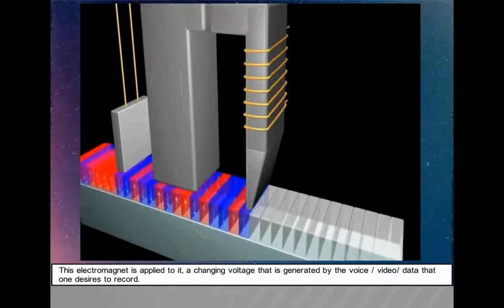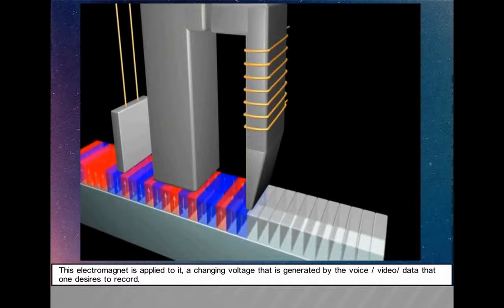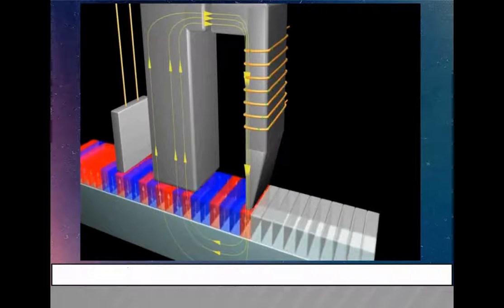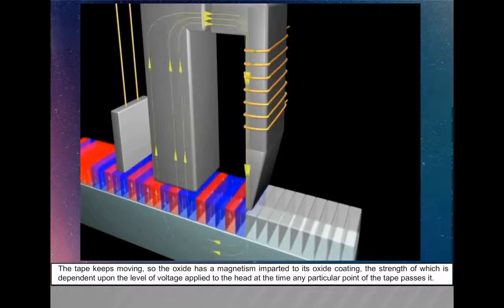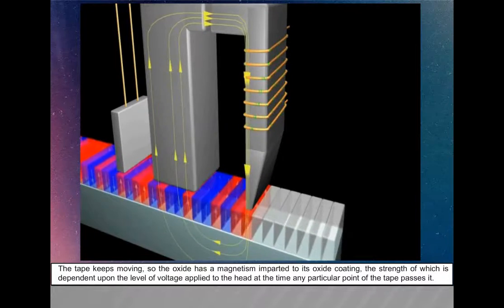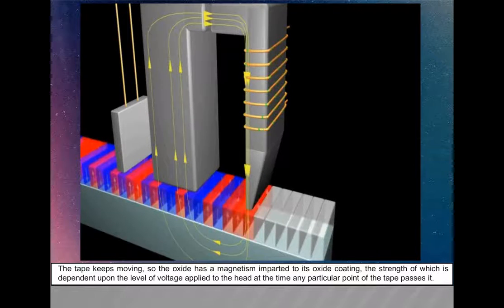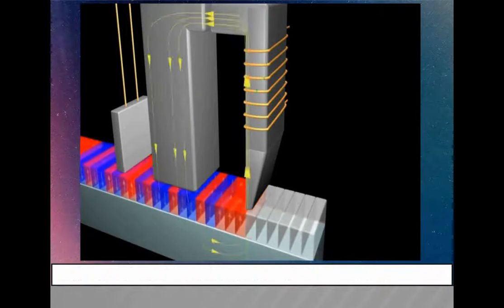This electromagnet has applied to it a changing voltage that is generated by the voice or video or data that one desires to record. The tape keeps moving, so the oxide has a magnetism imparted to its coating, the strength of which is dependent upon the level of voltage applied to the head at any time any particular point of the tape passes it.